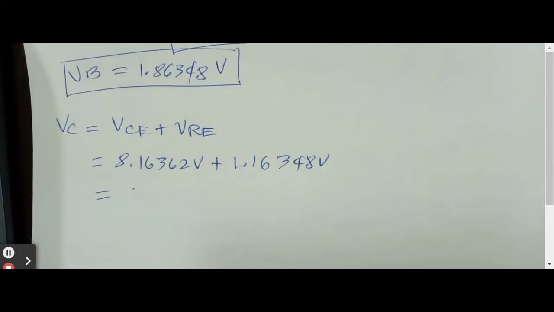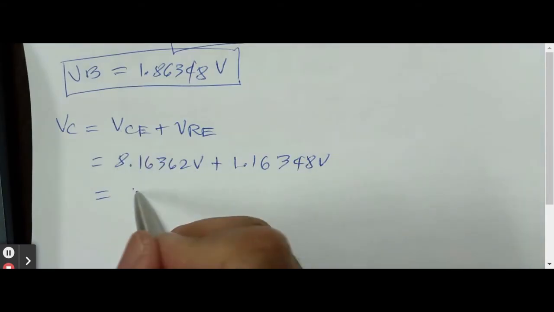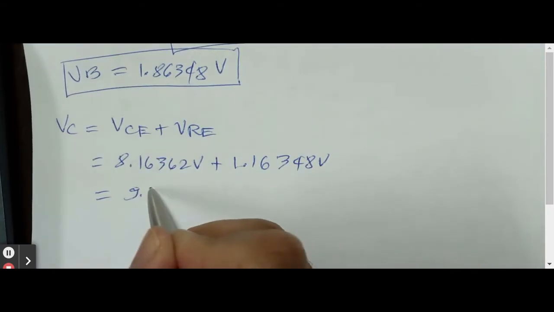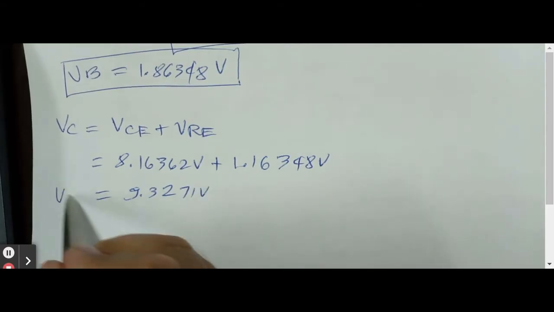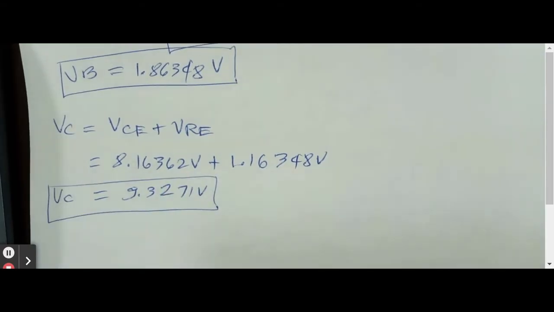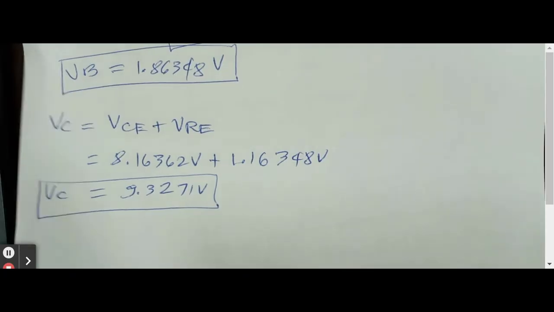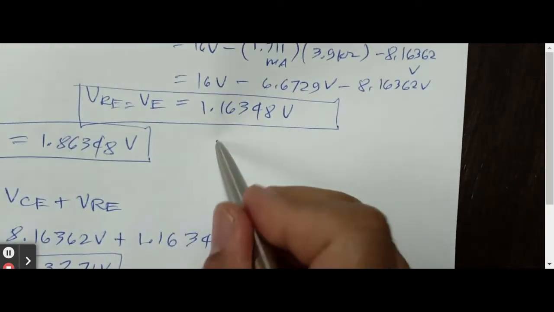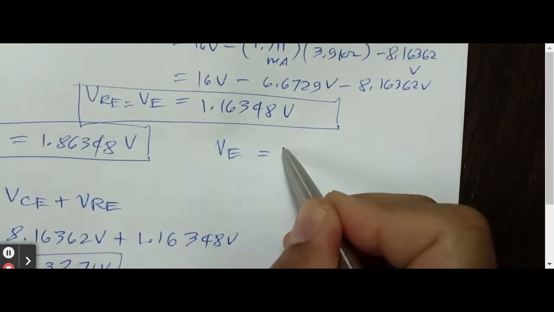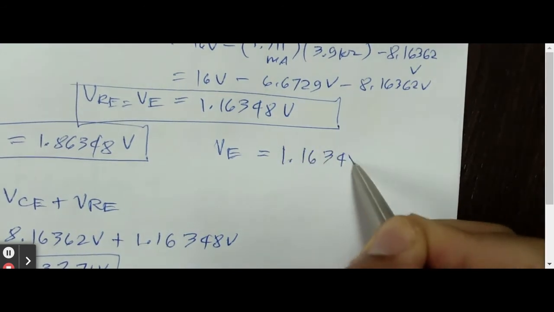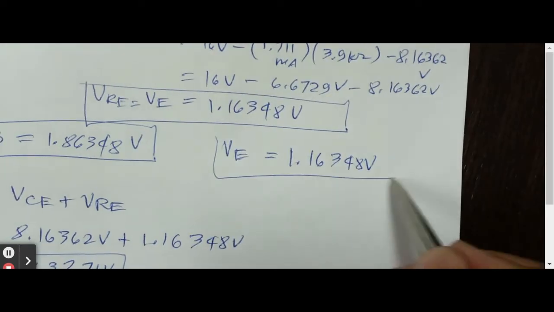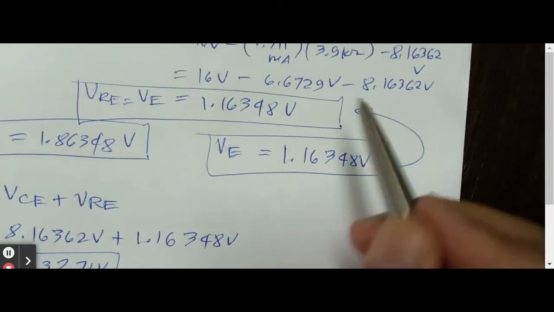Then we'll get here 9.3271 volts. This is our VC. And after we calculate for VC, we'll be doing VE. And VE is equal to 1.16348 volts because we already finished doing this here.